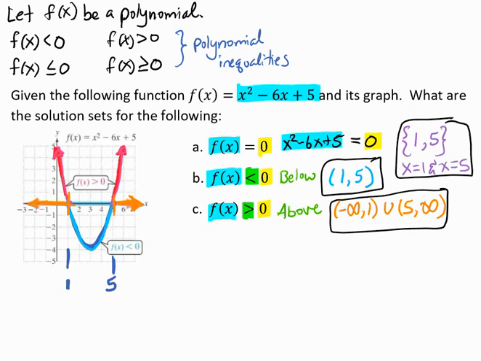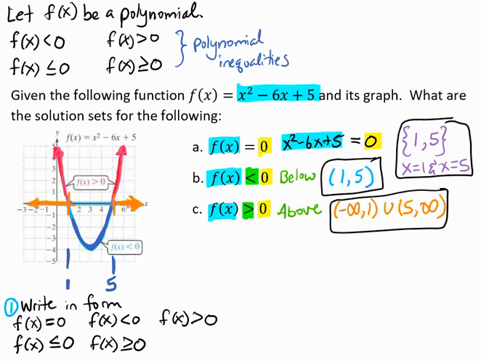So what are the steps that we just took to solve this nonlinear inequality? First, we write it in the form of either f of x equals 0, which would be an equation, or f of x greater than 0, less than 0, greater than or equal to 0, or less than or equal to 0. That's what we did right here.